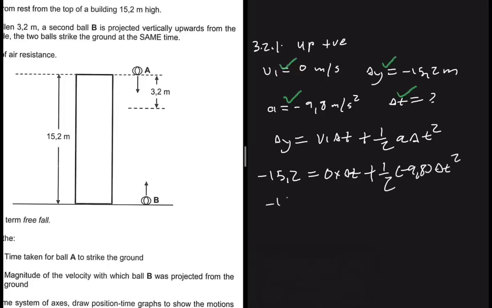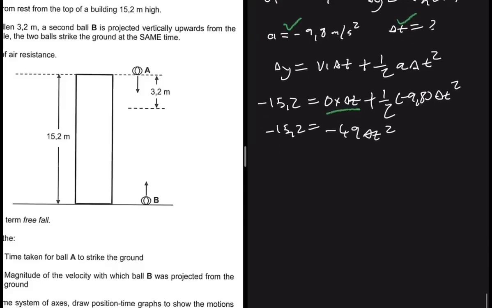So we're going to have minus 15.2 being equal to, this term falls away, we just have minus 4.9 delta t squared. So it's easy to see now that delta t will be equal to the square root of 15.2 divided by 4.9. Right, so now it's just a matter of putting that in your calculator, and what am I getting?